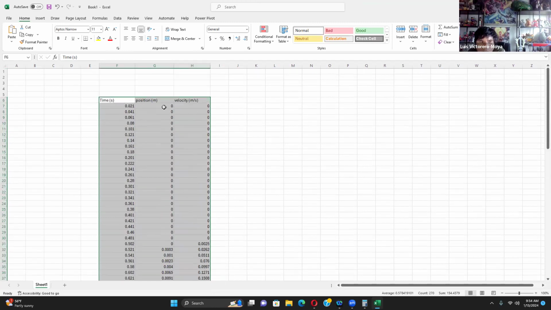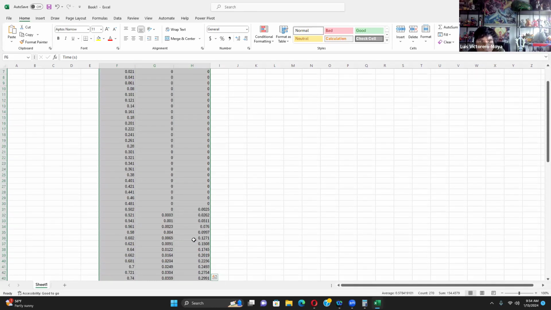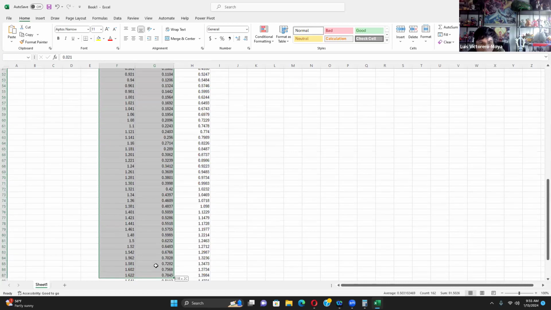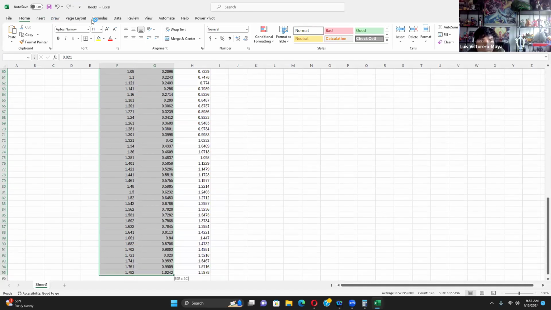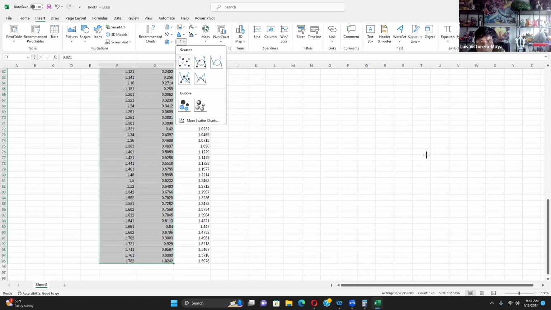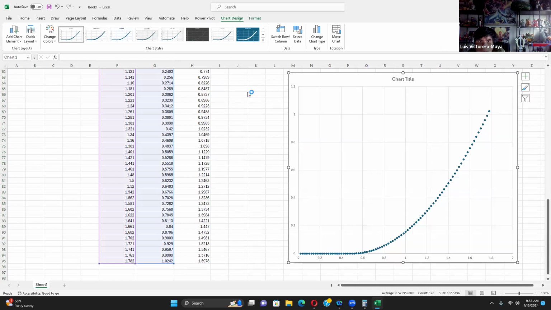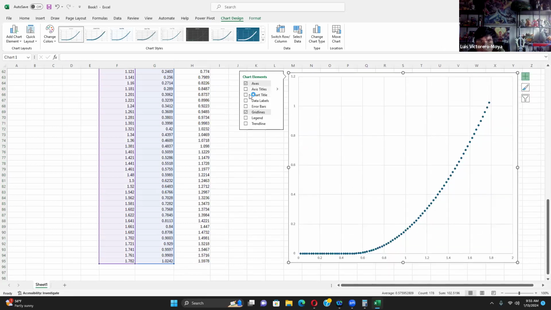And obviously, at the beginning, for a very short amount of time, the position and the velocity are 0. At the instant that it starts moving, then you start seeing a change in the position and the velocity. So if you want to plot position versus time, you just highlight these 2 columns. And then you use a scatter plot, and you will have the same plot that we were giving in the software. Remember, you want to add the axis titles.